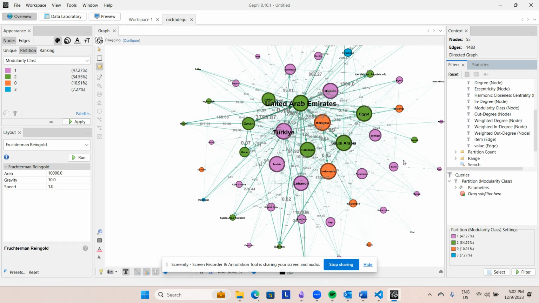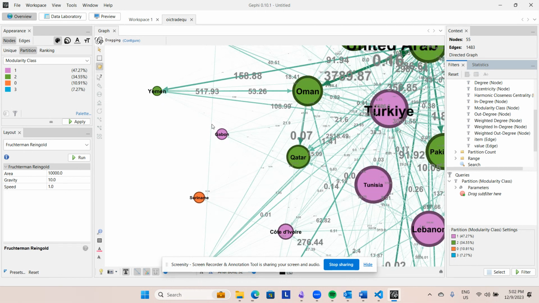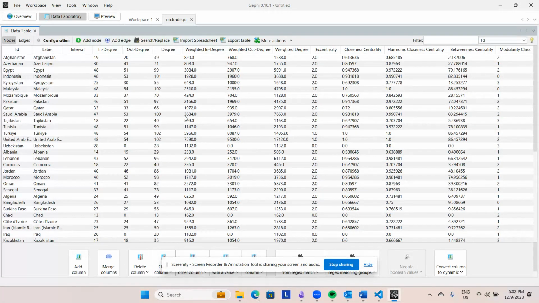When I subset the data set, we will see only the trade interaction between those countries; we will not see the interaction of the OIC countries with the non-OIC countries. The second thing, normally this data set only provides the interaction between two countries.